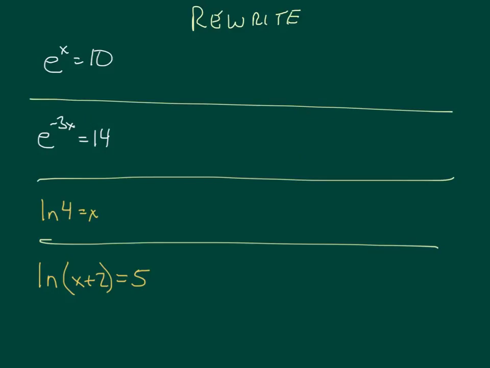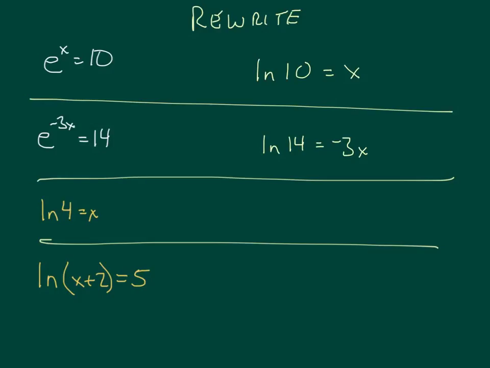Since e is just a number and ln is just a log, let's rewrite these. Let's take a look at e to the x equals 10, and let's realize that it can be rewritten as simply the ln of 10 equals x. e to the negative 3x equals 14 can just be written as the ln of 14 equals negative 3x.